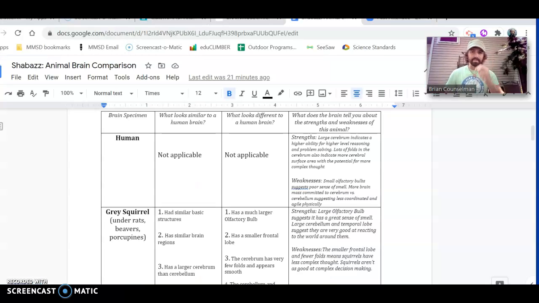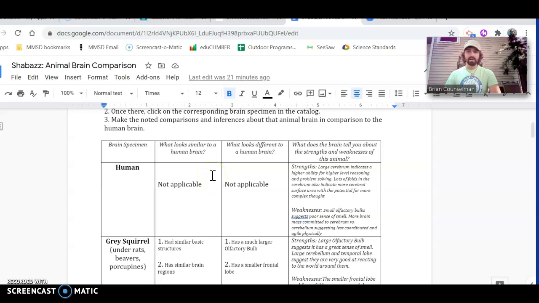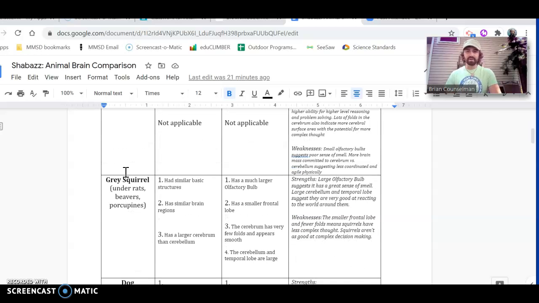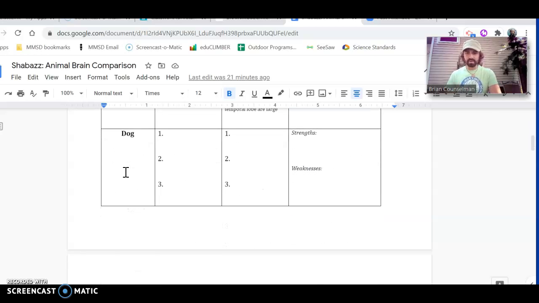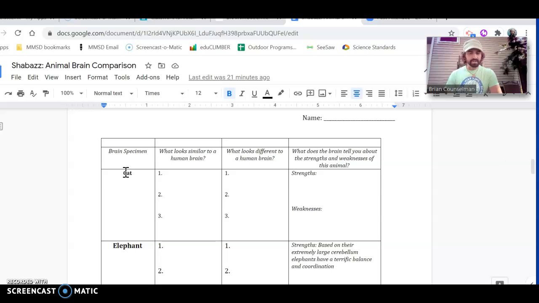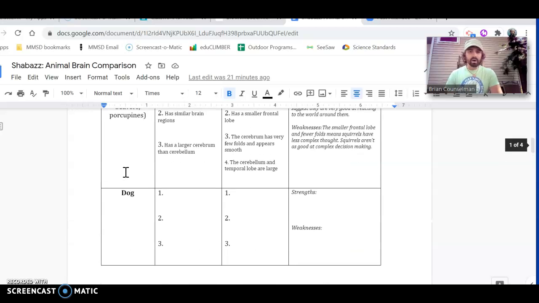The goal of the assignment is to compare the human brain, because that's the one we're most familiar with, it's ours and how we think, to these different other animal brains. So the gray squirrel, the dog, and a variety of others, cats, elephants. Our goal is to identify things that are similar with the human brain and things that are different, and then make some informed opinions on strengths and weaknesses we see in that animal.